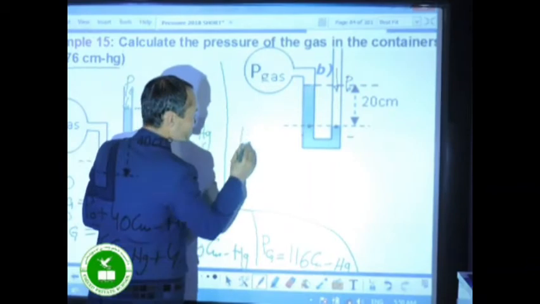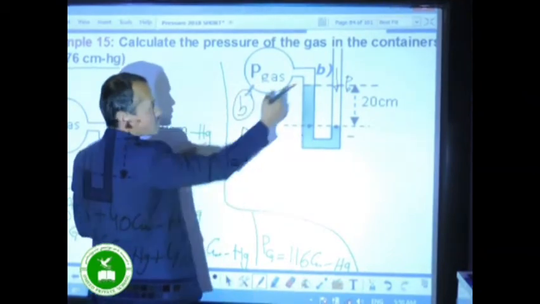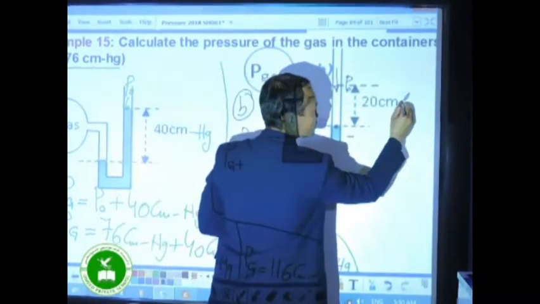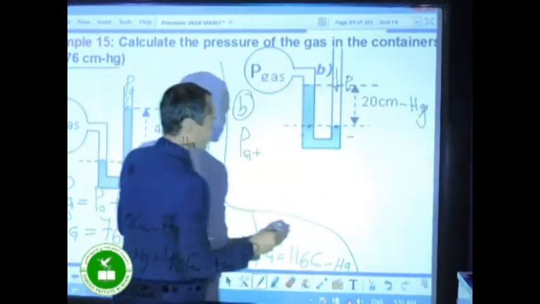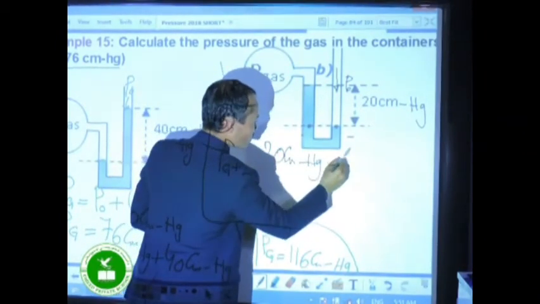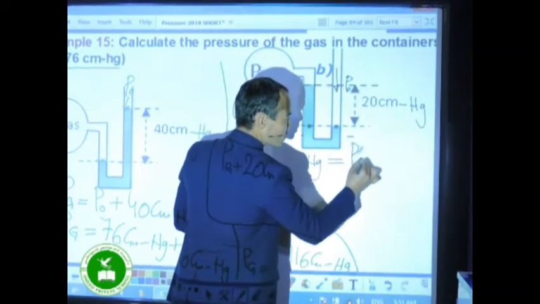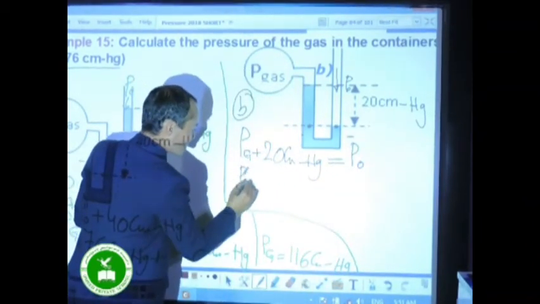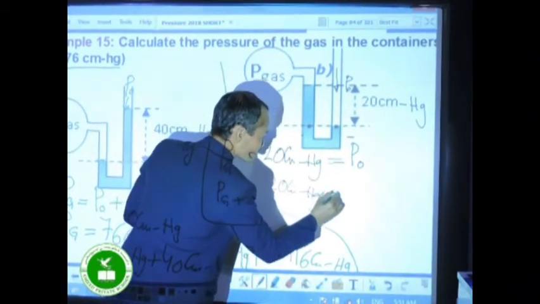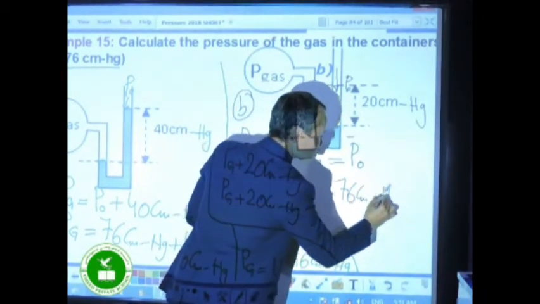So in example B, P gas plus pressure of liquid, 20 centimeter Hg, is equal to P0. Here we have only air pressure, P0. P gas plus 20 centimeter Hg is equal to 76 centimeter Hg.